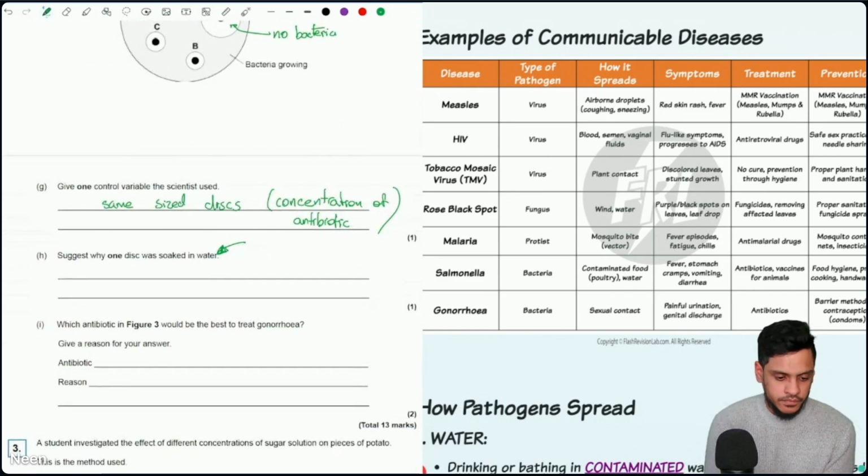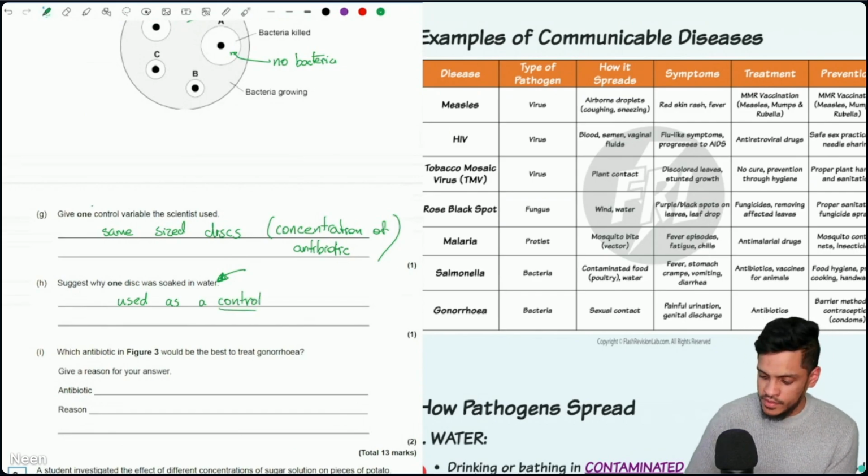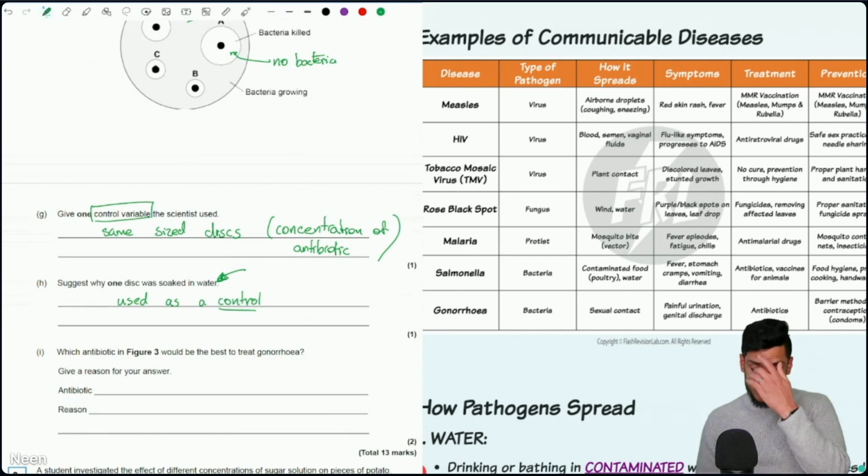Okay, so to control one. This is used as a control. A control is different to a control variable. Don't say a control variable. A control variable is something that you keep constant to make it a fair test.